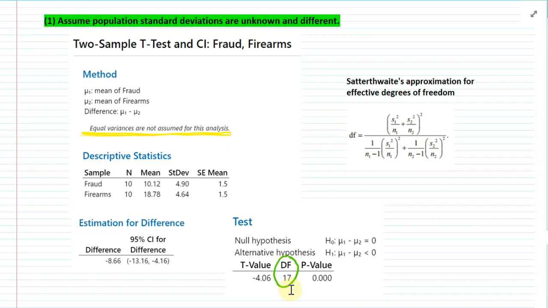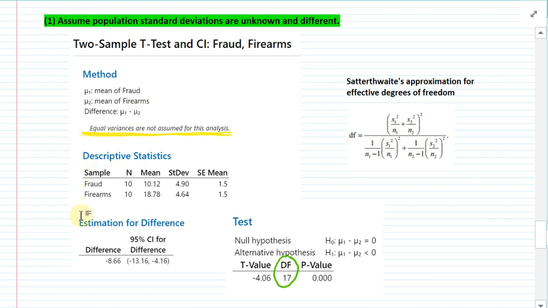That's why it's 17. But anyhow, now take a look at these statistics that came out of Minitab. For one thing, the difference. This is x bar 1 minus x bar 2, which is a point estimate, a single guess at mu1 minus mu2, the difference between the two population means.